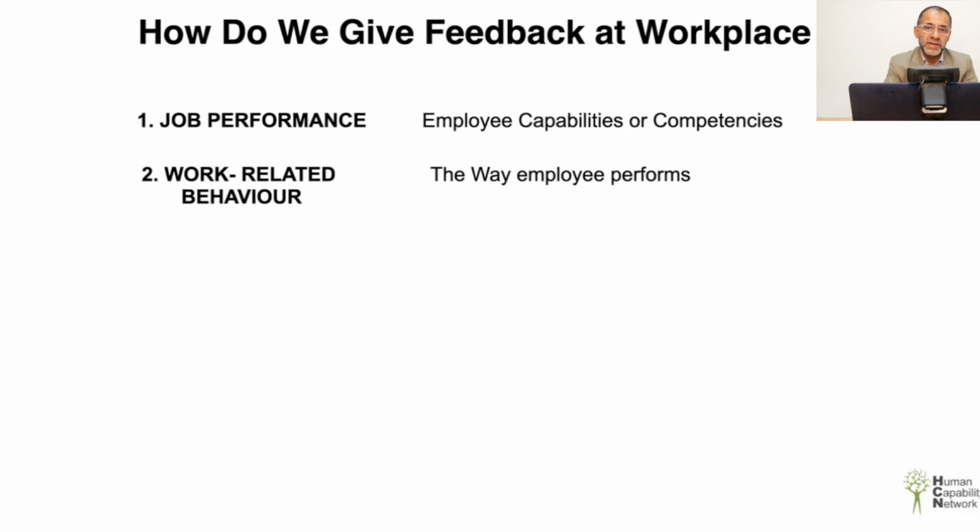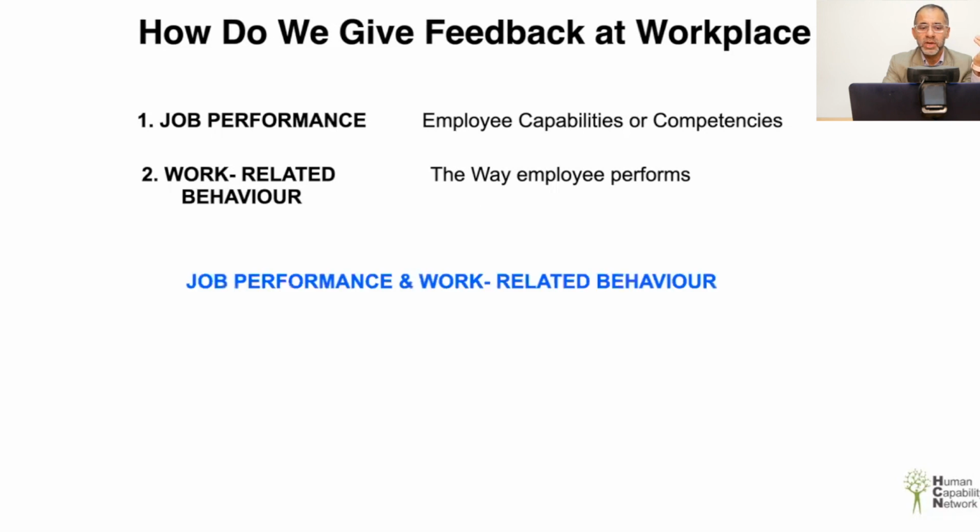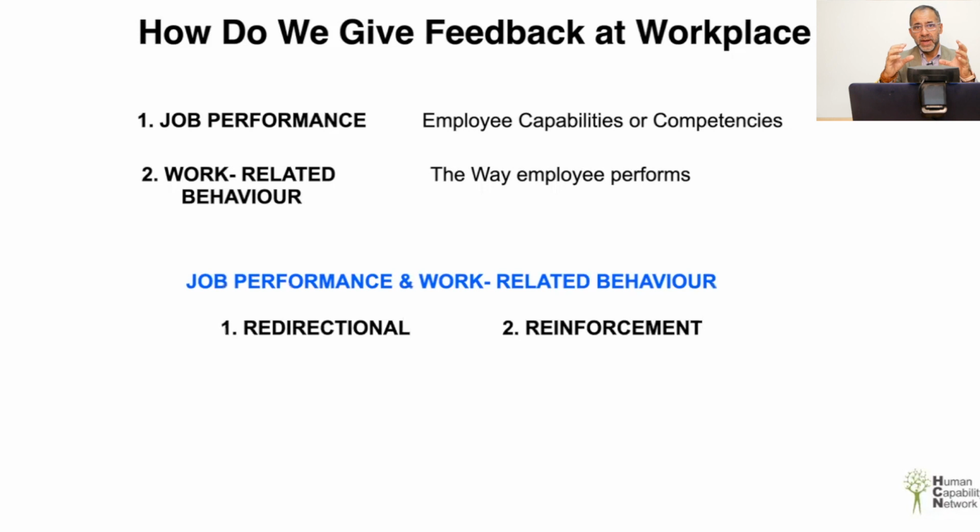Now when we give these kinds of feedback, we come to a very important part: redirectional and reinforcement. Both job performance and work-related behavior feedback are given in these two forms.